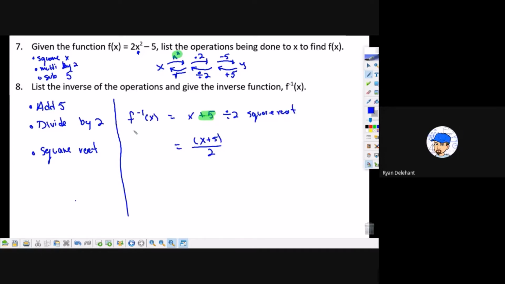Whenever you see square root in your list, all of this stuff is going to be under the square root symbol. And you just need to figure out parentheses on the stuff before it. So since I already figured out where I need parentheses, I just put a square root over all of it, and that will be that inverse.